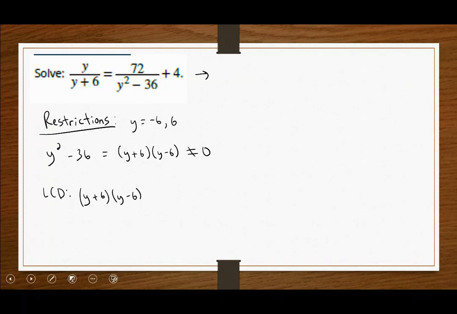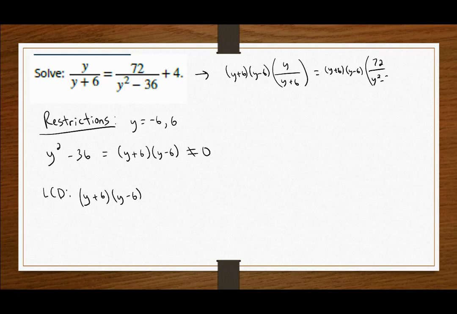So if I take that LCD and multiply it by all of my expression, we would end up with here y plus 6 times y minus 6 times the first term is equal to y plus 6, y minus 6 times the next term, 72 over y squared minus 36. And just to cheat a little bit, I'll just say 4 times the LCD.